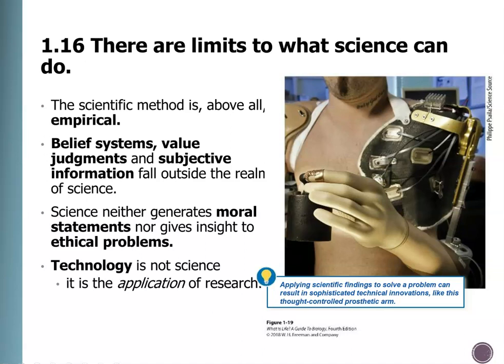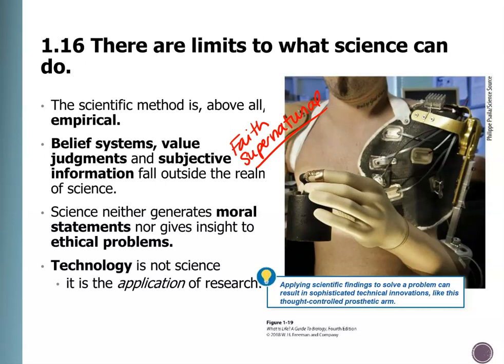Basically, faith issues and supernatural issues. You cannot design an experiment to answer these questions. Science can't give moral statements or give insight to ethical problems. So science can generate data, but it can't tell you right or wrong.